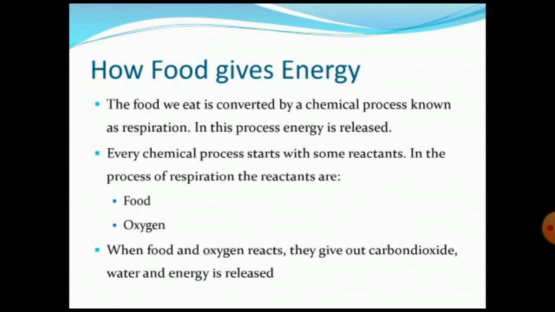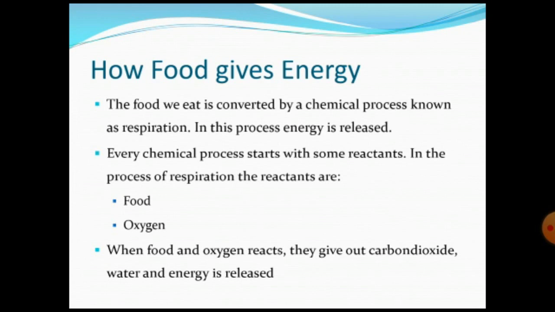Now, what happens in this process? Every chemical process starts with some ingredients or some reactants. And in the process of respiration, the reactants are number 1, food, number 2, oxygen.